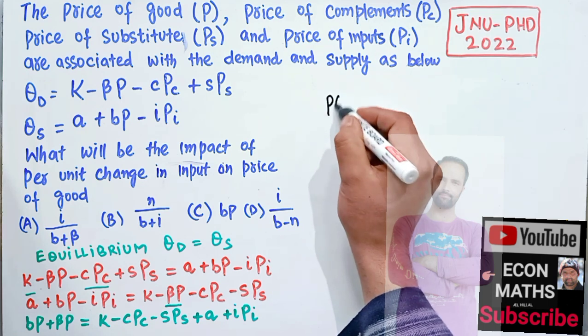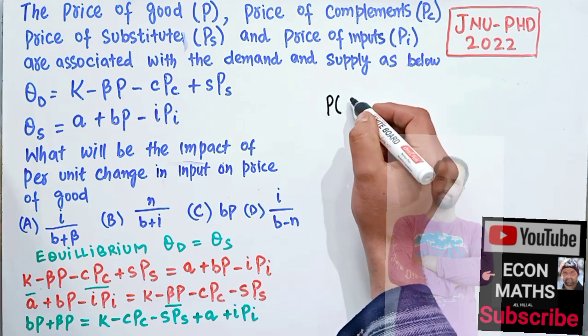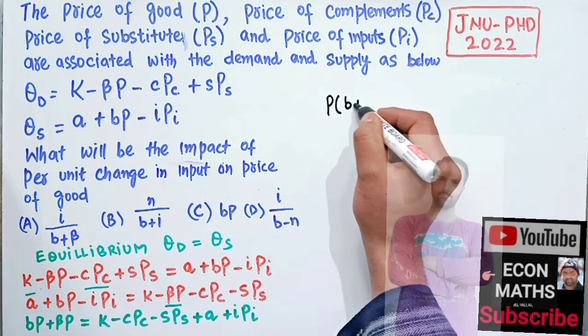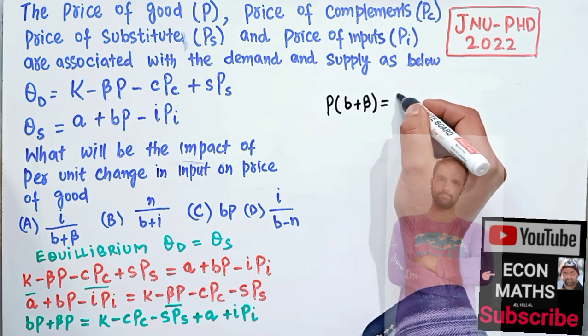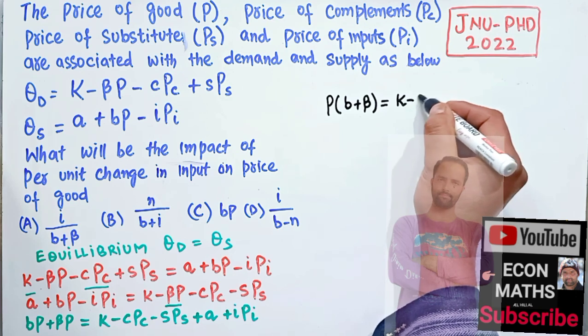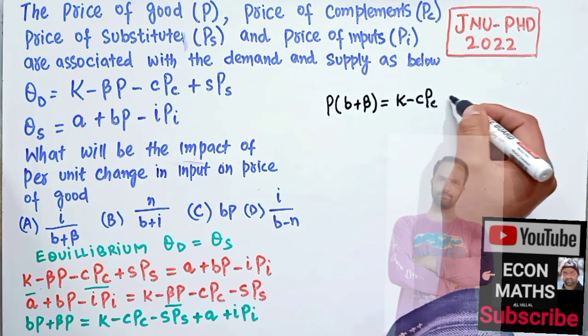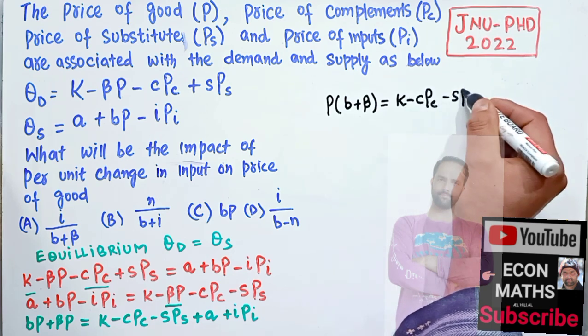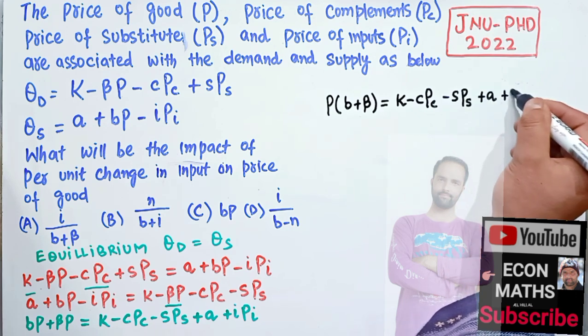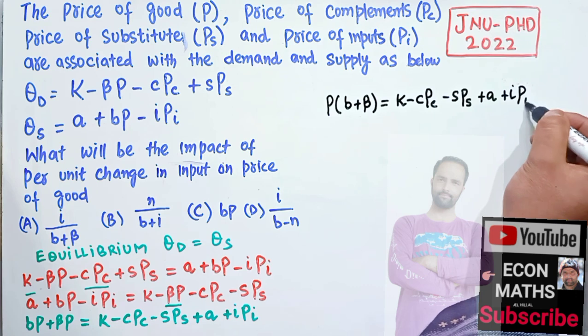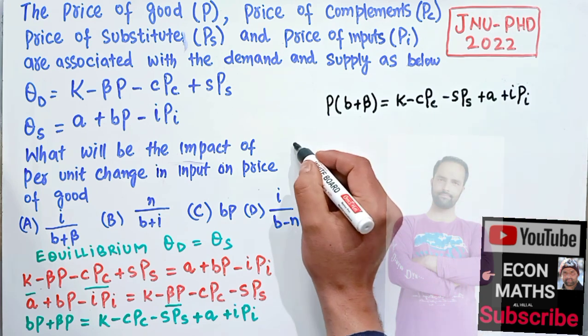So if I take P common, we will be left with B plus beta is equal to K minus C PC minus S PS plus A plus I PI.